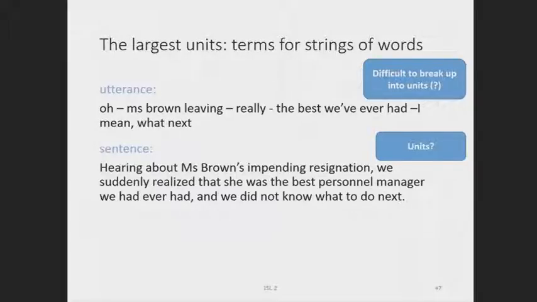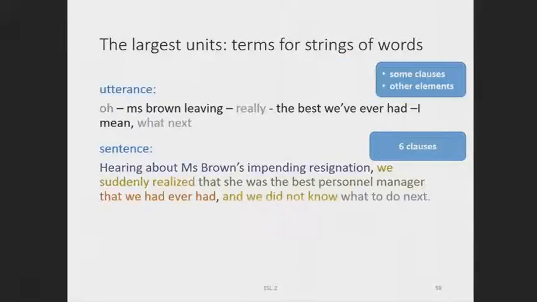Okay, who's got more than 3? More than 4? More than 5? More than 6? Okay, so 6 was the most, and I would agree. I've got 6 clauses here. Why?